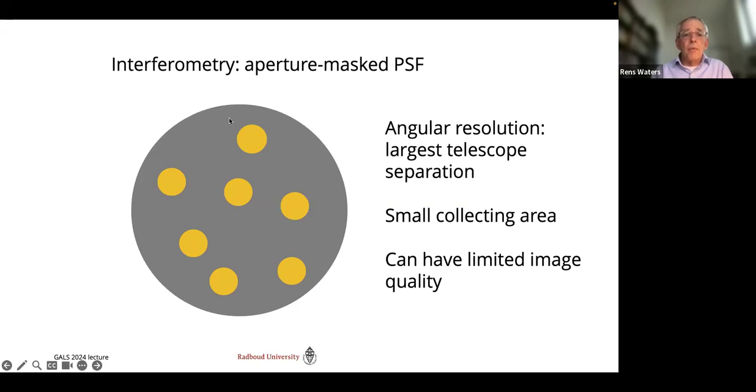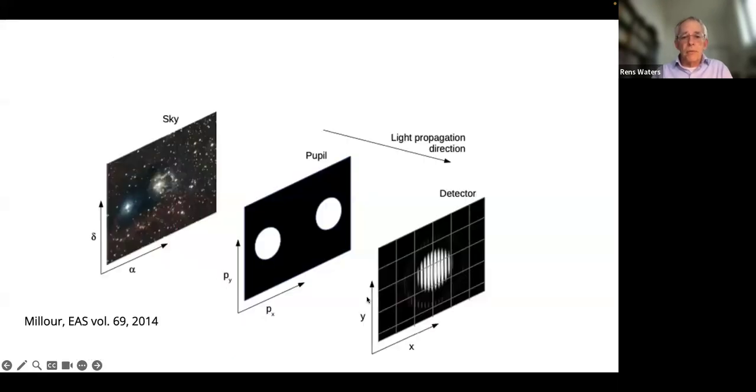And because you sample this gray aperture sparsely, your image quality will also be less, and you have to work hard to reconstruct the images that you would have been able to take if you had a full aperture.